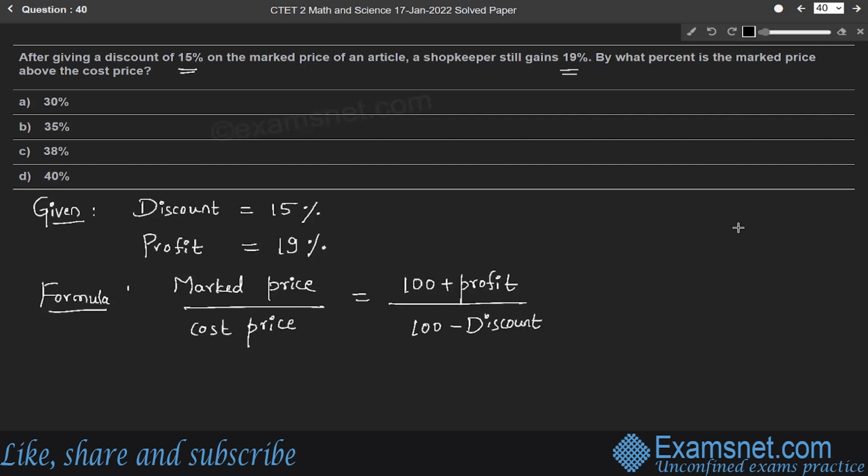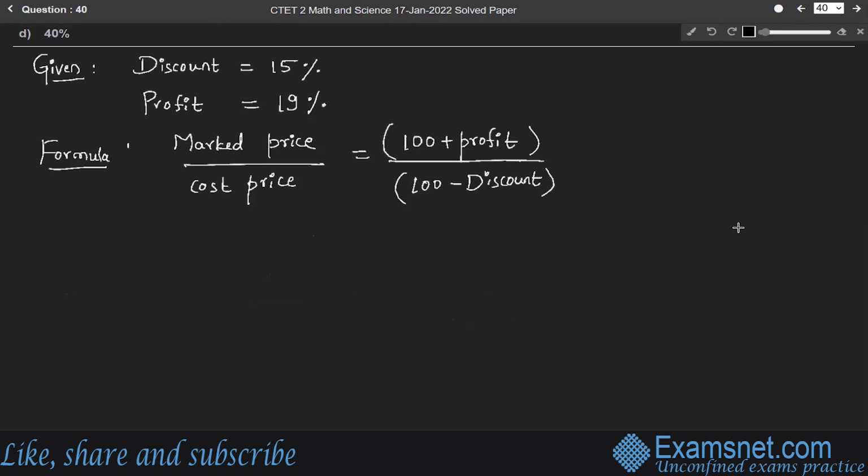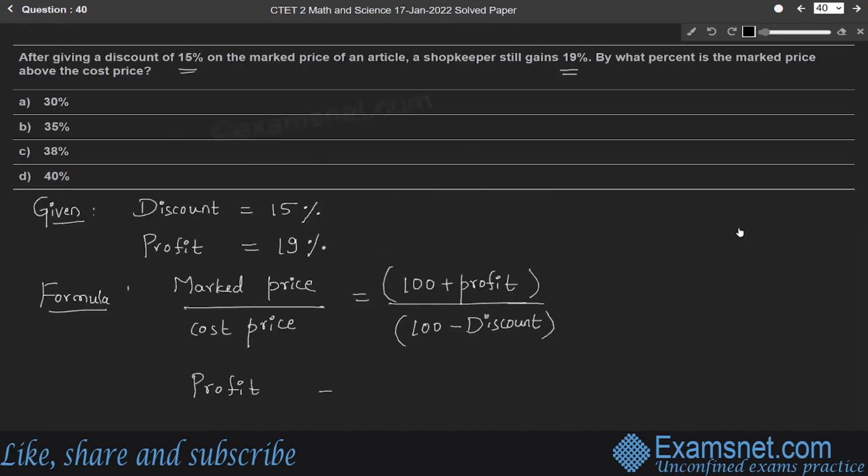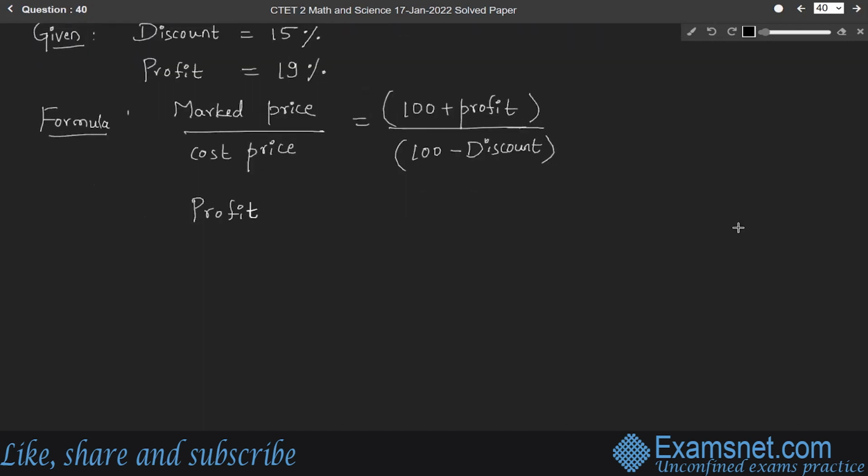So it is not loss, it is discount. 100 plus profit divided by 100 minus discount. So in the second formula, profit is equal to selling price minus cost price.